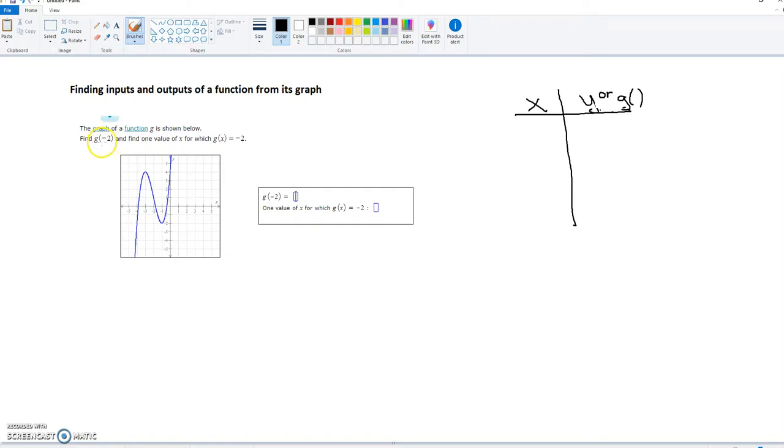Now remember, whatever is inside the parentheses, that's our x value. So we're going to put -2 here, just so we can see what we've got going. And then it says g of x equals -2. So in other words, whatever our x was, our y was -2.